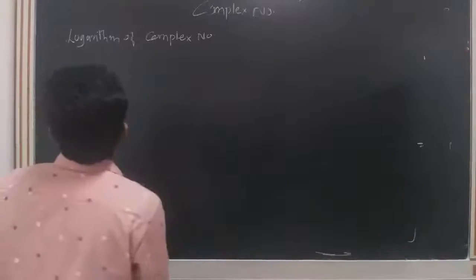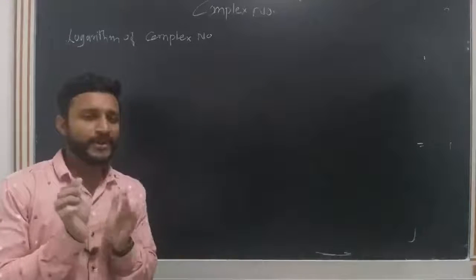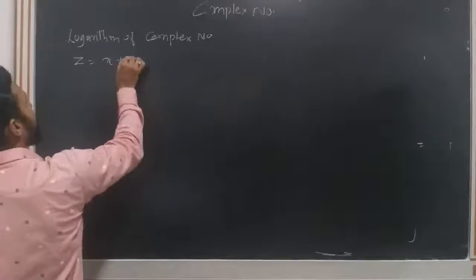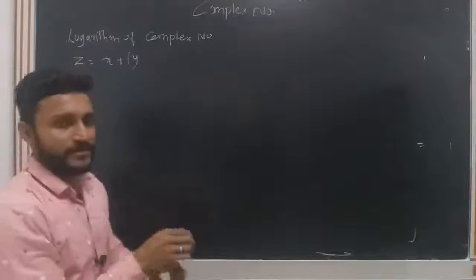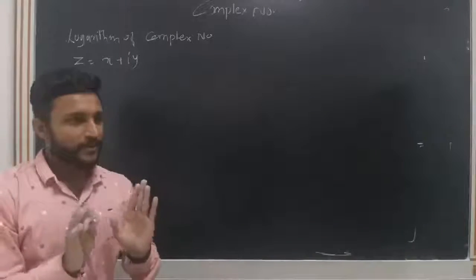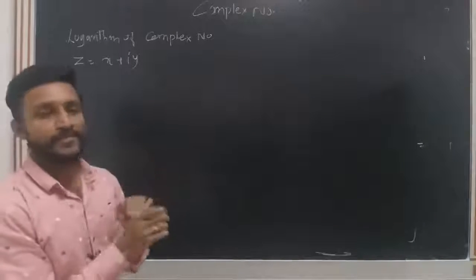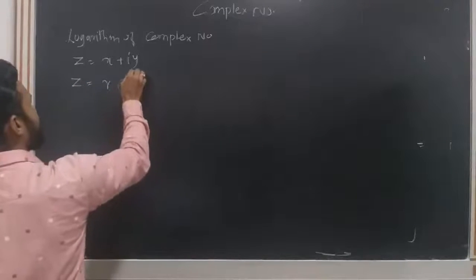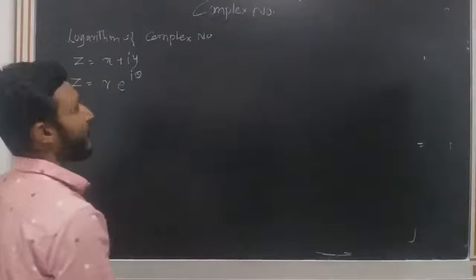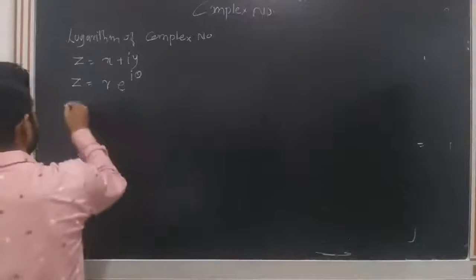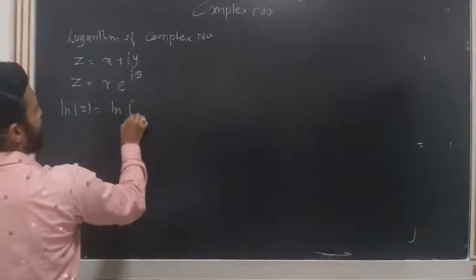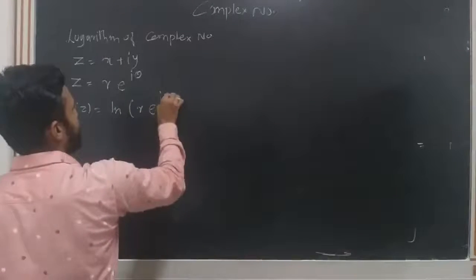if you are given z is equal to x plus iy, just simply convert it into exponential form. So z is equal to r e raised to I theta, and then find out the logarithm of the given complex number. Ln of z is equal to ln of r e raised to I theta.